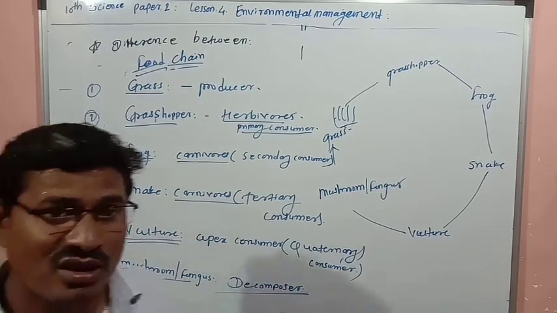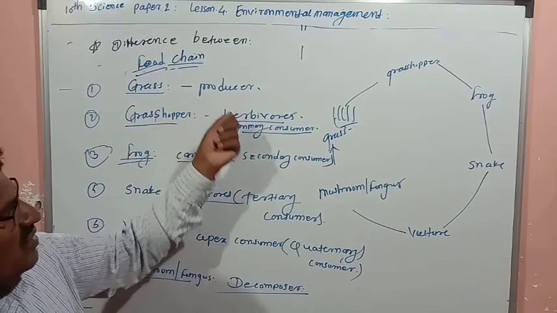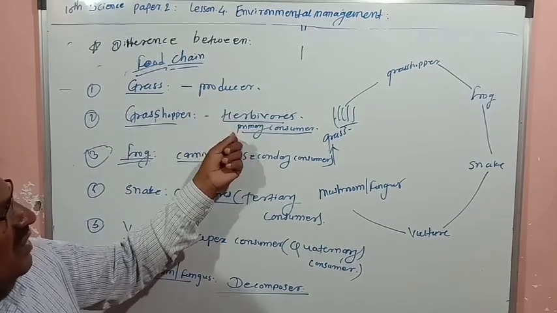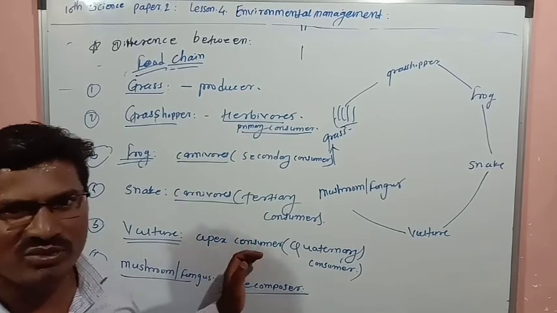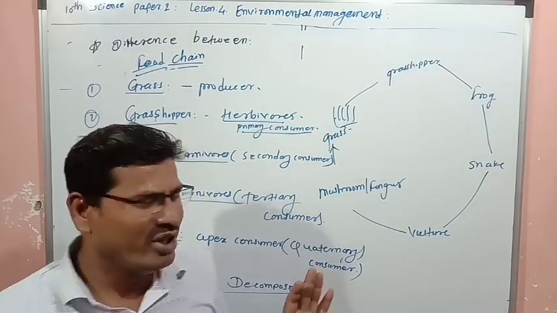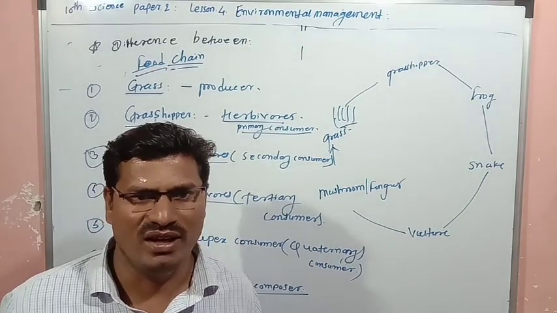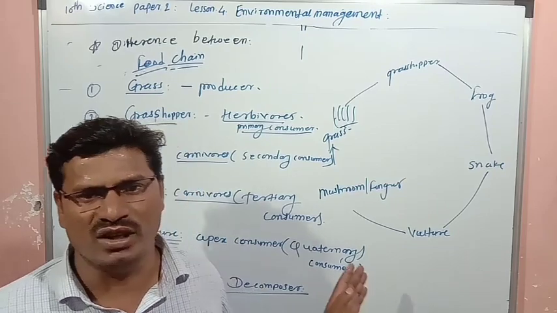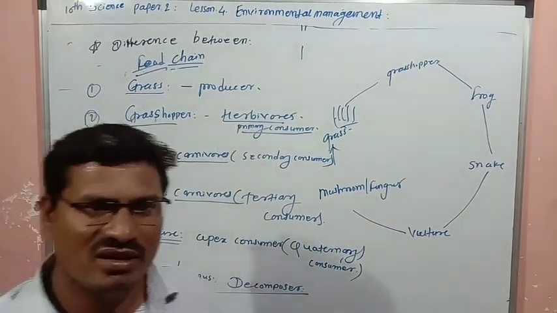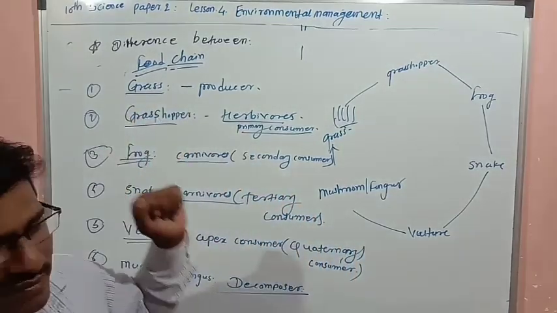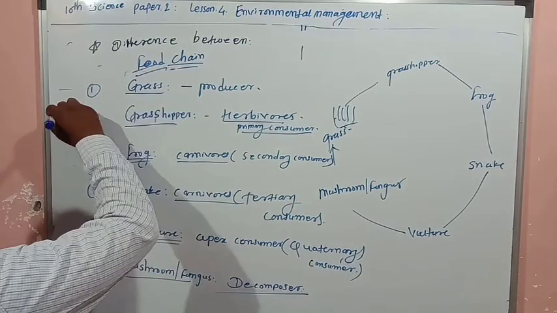Producer, then consumers, primary, secondary, tertiary, and apex consumers are there. And at last decomposers. So 4 to 6 steps are there in the food chain, or 4 to 6 trophic levels.